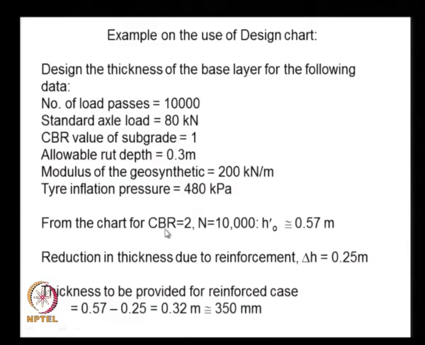From the chart for a CBR of 1 and N of 10,000, the thickness of the pavement for the unreinforced case comes out to approximately 0.57.